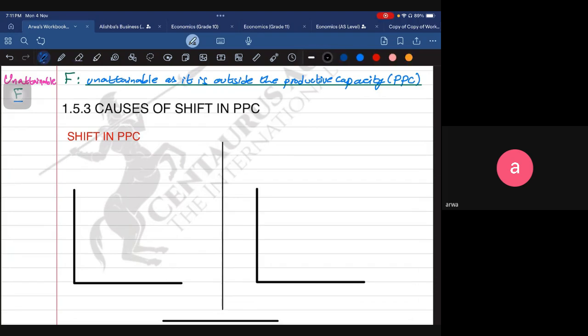One is considered a rightward or outward shift. And the other one is considered a leftward or inward shift.